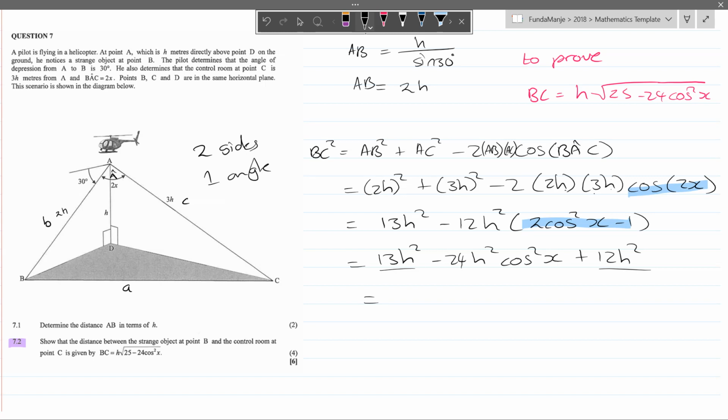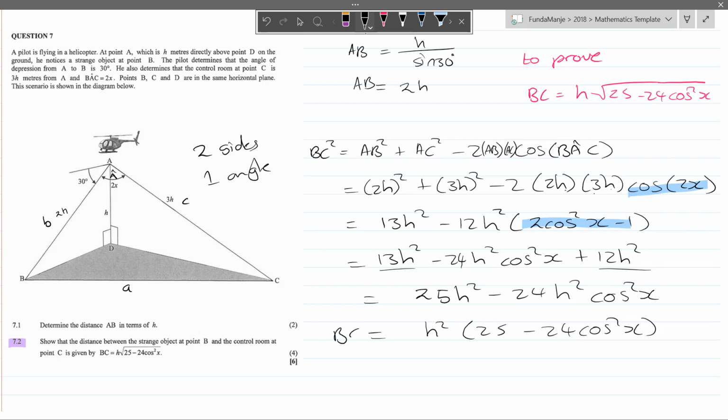Put them on one side, we can have 25h squared minus 24h squared cos squared x, and then you can see it's starting to come together. The last thing we have to do is factor out h squared to get 25 minus 24 cos squared x.